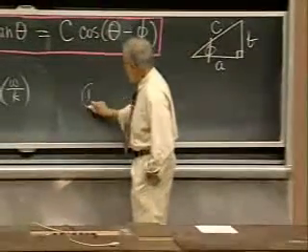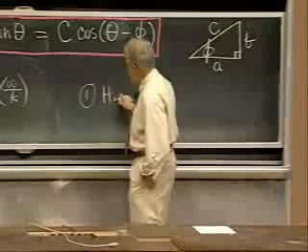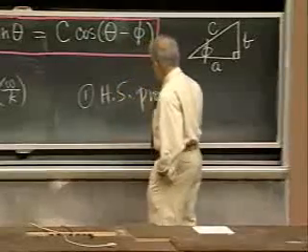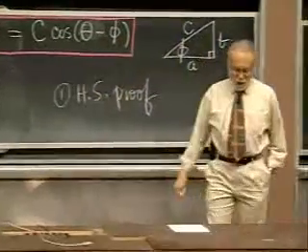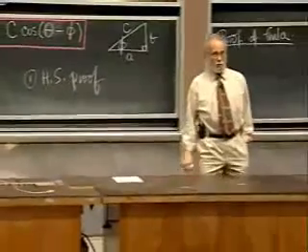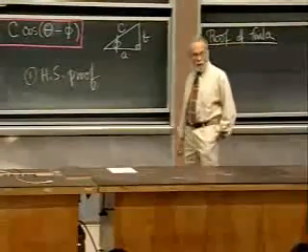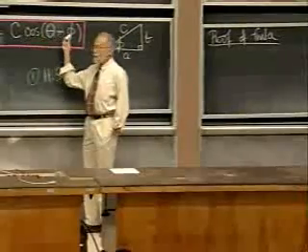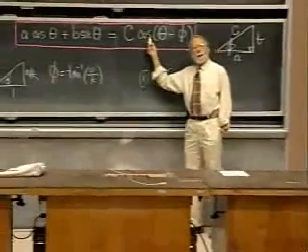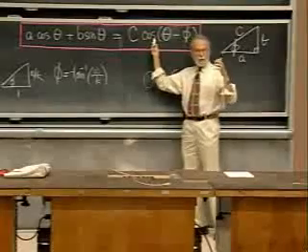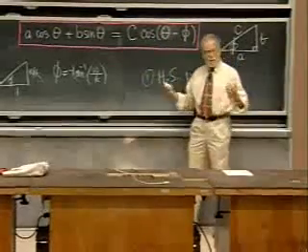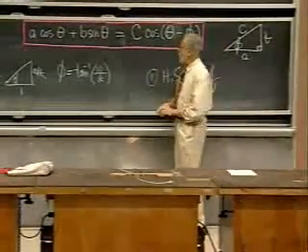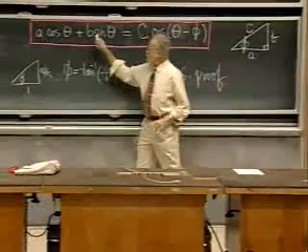There is the one I will not give you, I'll call the high school proof, which is the only one one normally finds in books, physics textbooks or other textbooks. The high school proof takes the right-hand side, applies the formula for the cosine of the difference of two angles, which it assumes you had in trigonometry, and then converts it into this.